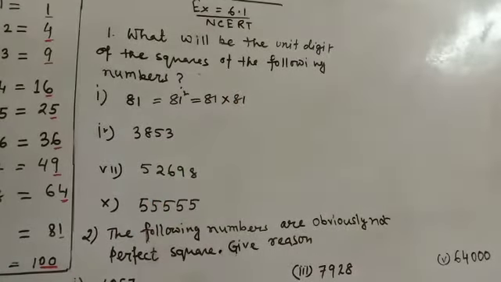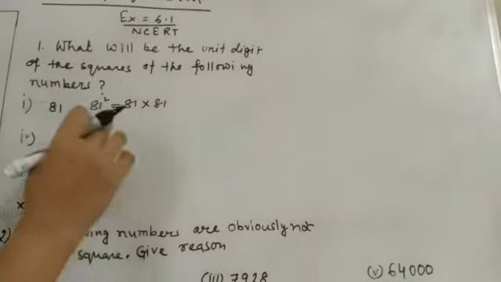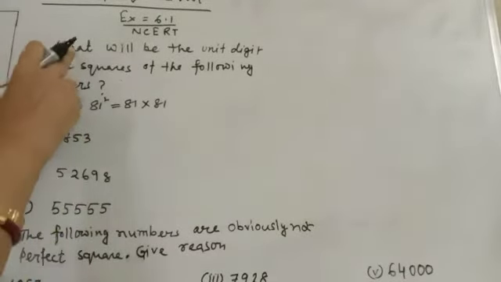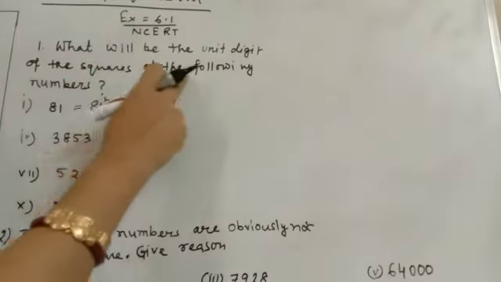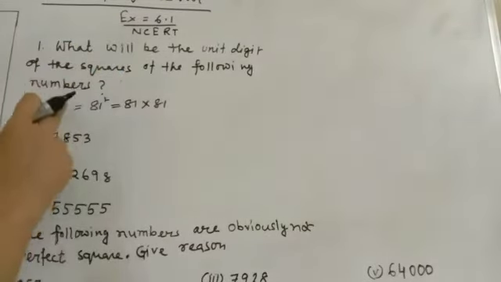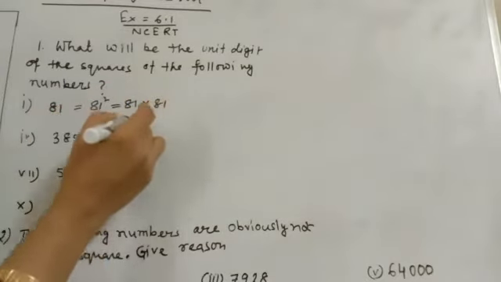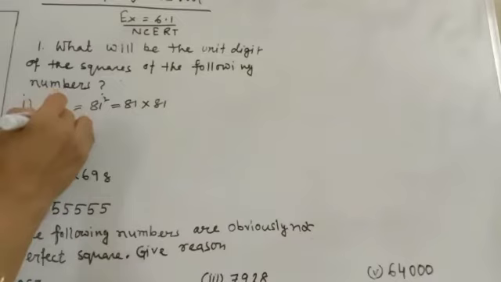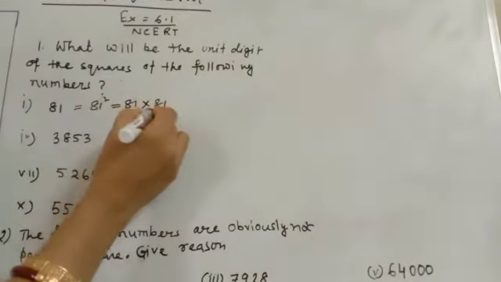No need to multiply everywhere. Just I am showing you how you can find the unit digit when you make the square of 81. So 81 square means 81 into 81.